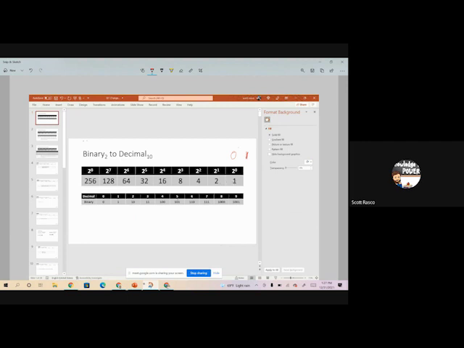To go from the ones place to the twos place, you're multiplying 1 times 2. To go from the twos to the next place, which is fours, you're multiplying by 2, and it keeps going up. We get the same idea with 2 to the 0 power, 2 to the 1, 2 squared, 2 to the third.